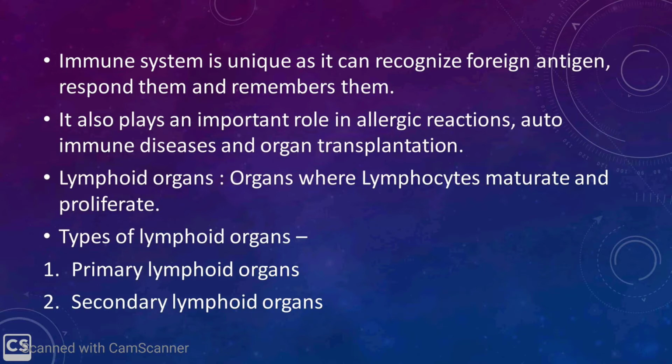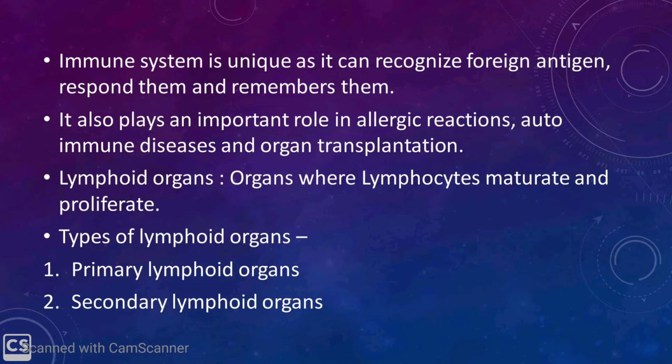The immune system is unique as it can recognize foreign antigens, respond to them, and also remember them. It also plays an important role in allergic reactions, autoimmune diseases, and organ transplantation.